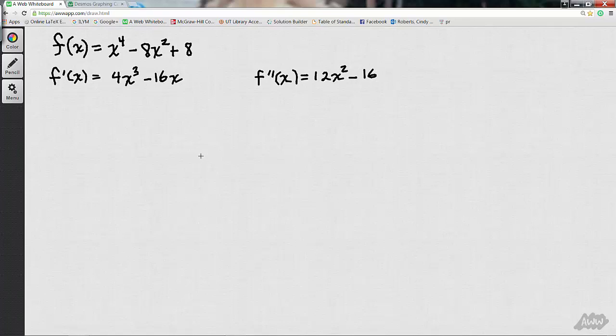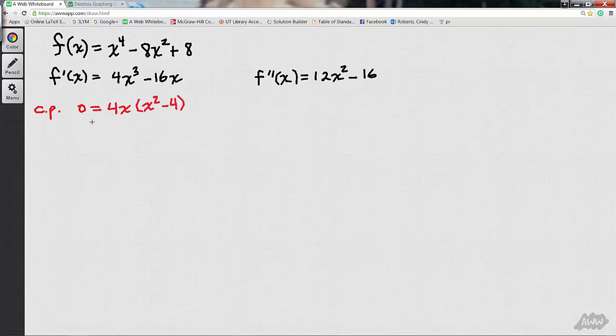All right, now I want to be able to find my critical points. So for critical points, I would set my first derivative equal to 0. I would go ahead and factor out a 4x to make this a little bit easier to solve.